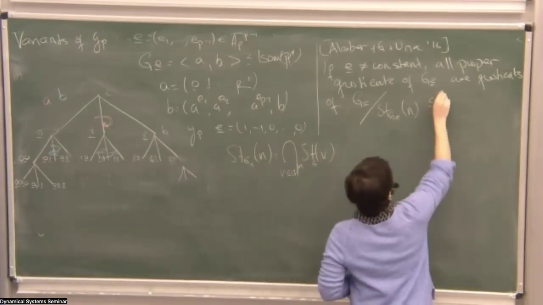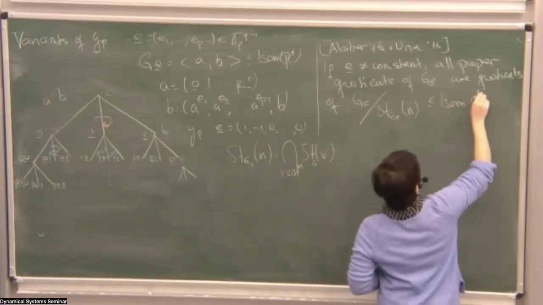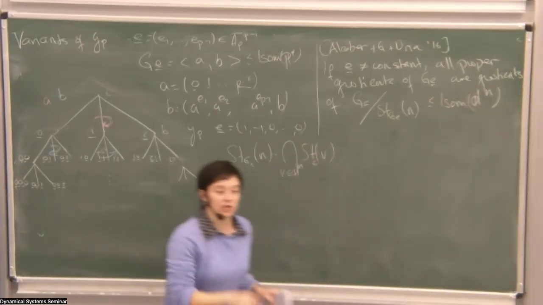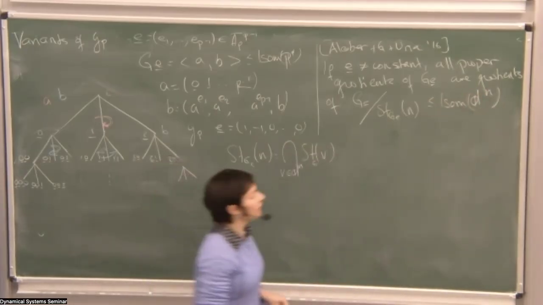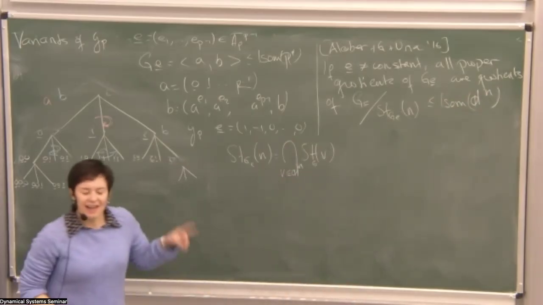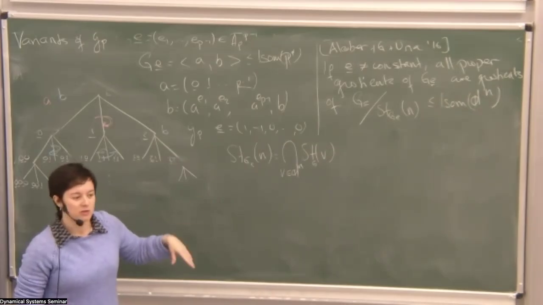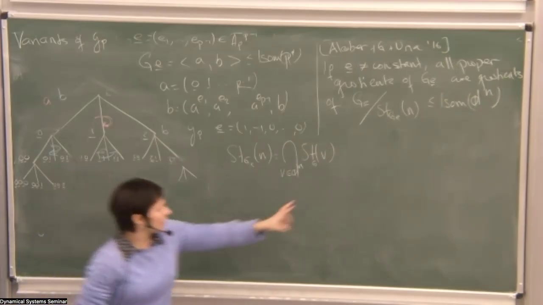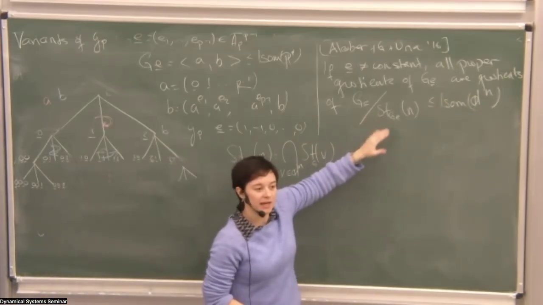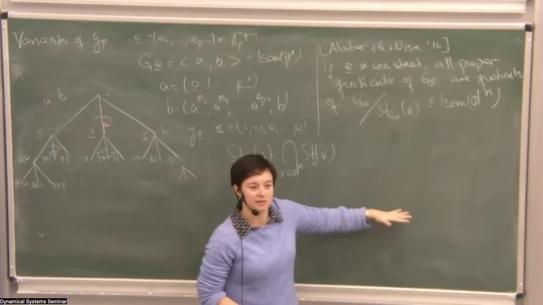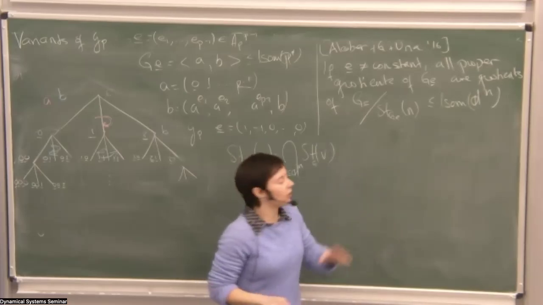So okay, this is a subgroup of the automorphism group of the tree of depth n. Okay, this is saying all proper quotients are finite, and you can obtain them by looking at the action modulo levels. Okay, well, that's nice.